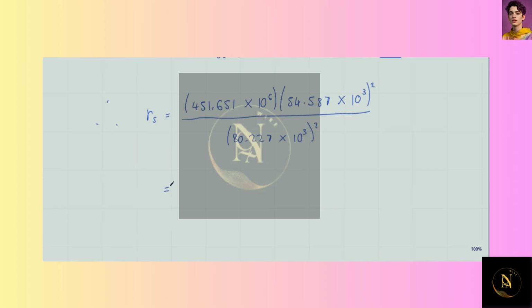Hence we get the radius of the satellite's orbit, Rs, to be 209.09 times 10 to the 6 feet, which works out to 39,600 miles. So that's the radius of the satellite's orbit, or the distance of the orbit of the satellite from the center of Saturn.